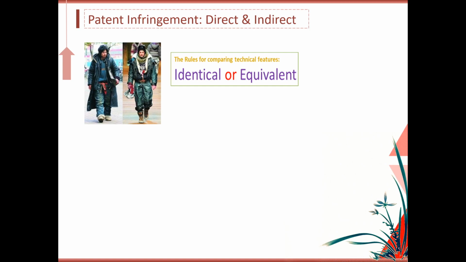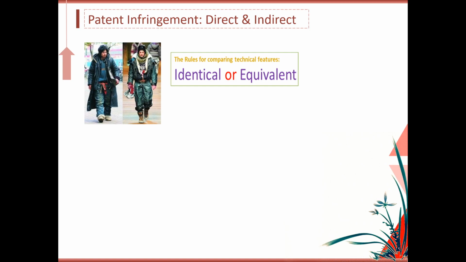It shall be established that the accused product is an infringing product, no matter whether the technical features are identical or equivalent to each other. The maker of the infringing product shall be held liable.